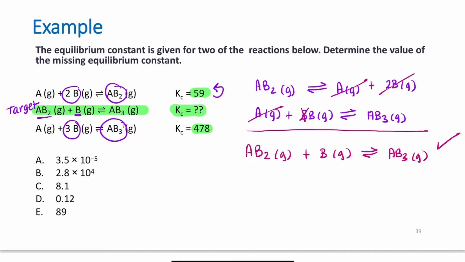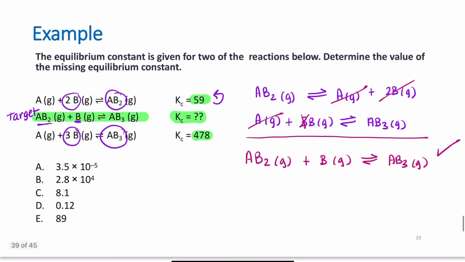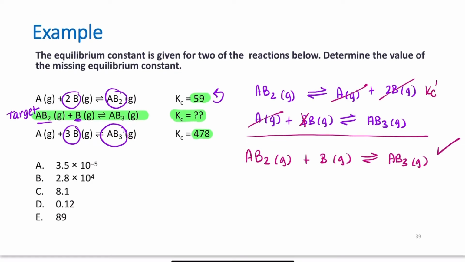Now, how do I manipulate these values, though? Well, the first reaction I flipped. When you flip a reaction, you take the inverse of its Kc. So this reaction, Kc prime, is going to be the inverse, or 1 divided by 59. The third reaction stayed the same, so we'll call this Kc double prime. This stays the same, 478. But now I'm adding 2 reactions together.